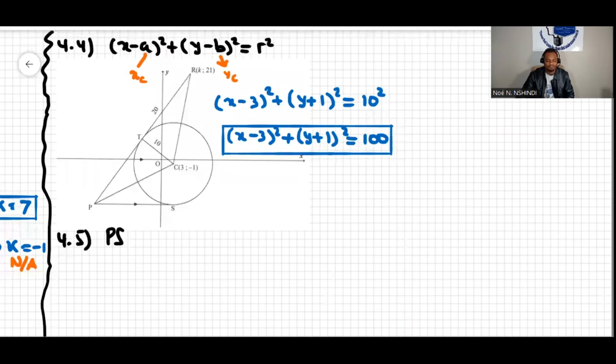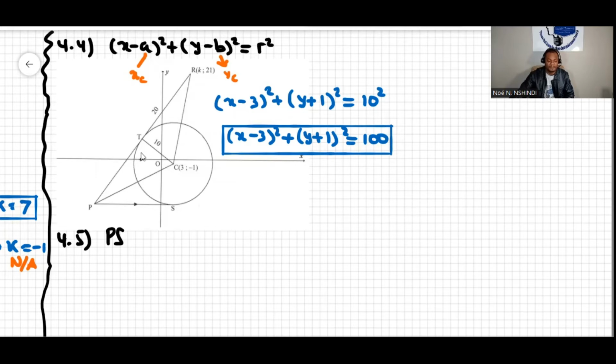We can notice that PS is a horizontal line, horizontal because it is parallel to the x-axis. The black arrow tells me that the two lines are parallel.